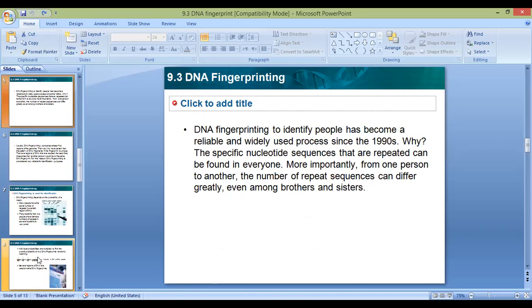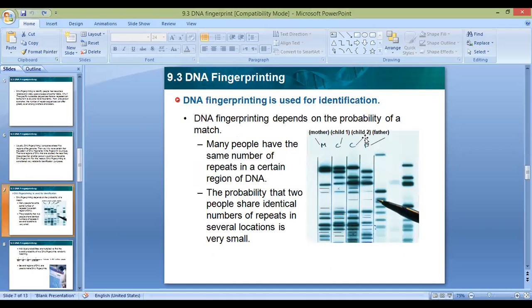Then we separate these bands, or these fragments, by using gel electrophoresis to give me this restriction map. And here I get the bands with the fragments.